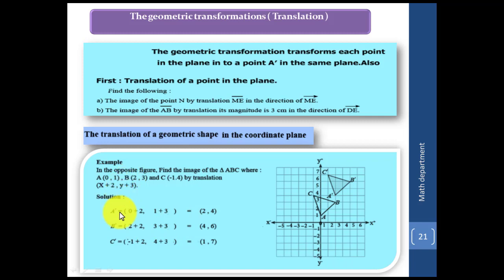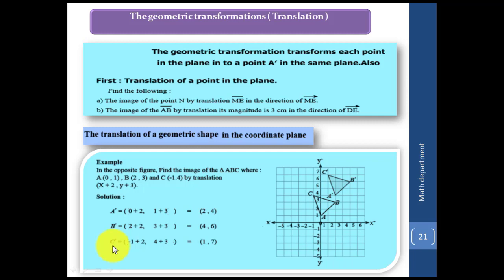Number 2, I want the image of point B, called B dash. How can I find it? Add the point of x-axis in B to the magnitude in x-axis, 2 plus 2, and add the point in y-axis in B to the magnitude in y-axis, 3 plus 3. So 2 plus 2 equals 4, 3 plus 3 equals 6, so the ordered pair of B dash is 4 and 6.